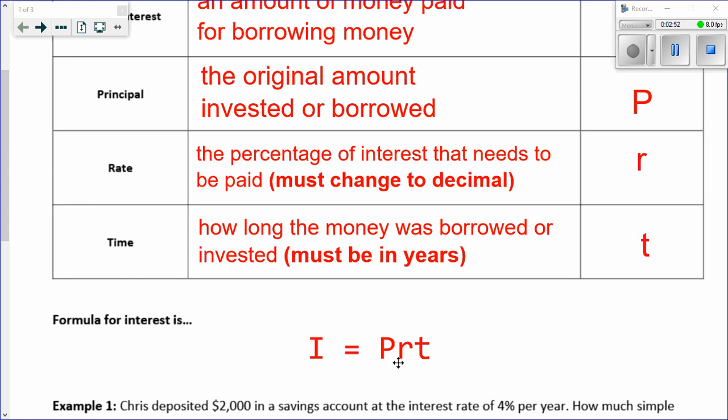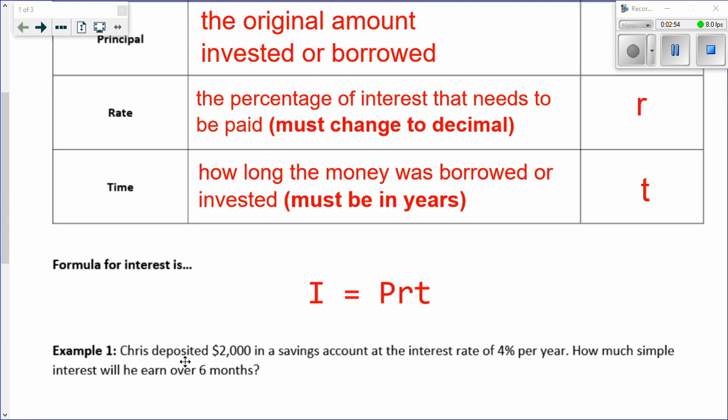I pretty. So example 1, Chris deposited, so meaning he put it in there, $2,000 into his savings account at an interest rate of 4% per year. How much simple interest will be earned over 6 months? Okay, so what we're going to do is go through and find our pieces of the formula. They will always give you 3 out of the 4 things.